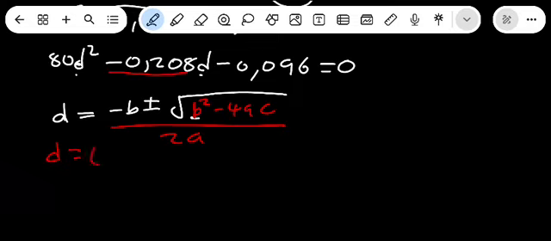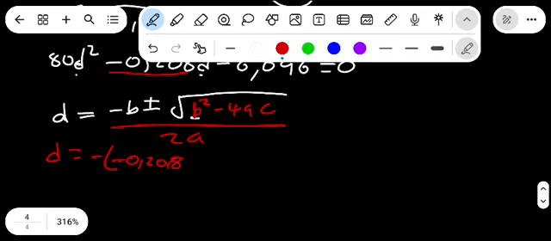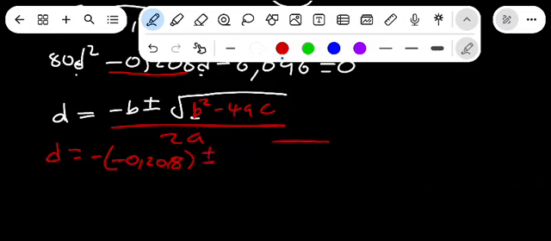We have a negative value, so negative 0.208, plus or minus the square root.